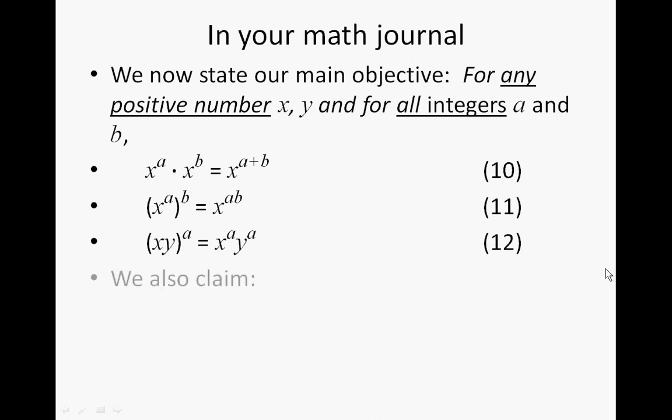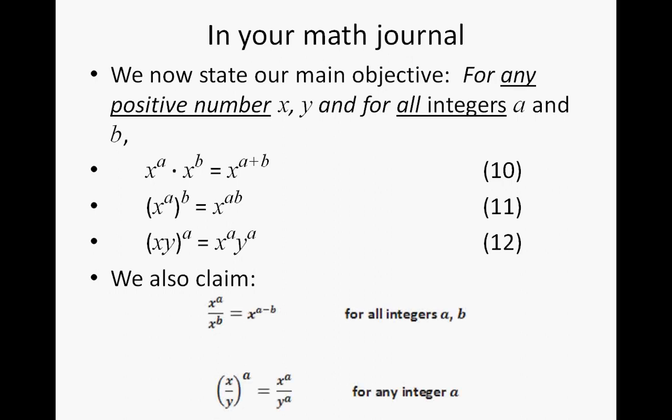Again, add that to your index card as well. We're also going to claim that these are true based on 10, 11, and 12. That x raised to the power of a over x raised to the power of b is the same as subtracting a minus b.